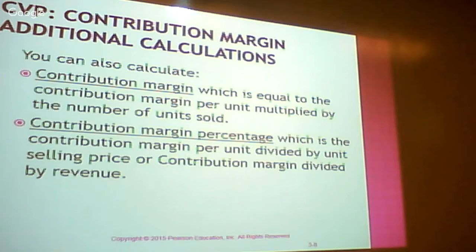The percentage, how do I do that? It's the contribution margin per unit divided by the unit selling price. So, say my selling price is $250, well, let's go $300, okay? So then my contribution margin percent would be what? The margin divided by 300, which is 33%, right? Okay. So what does that tell me?